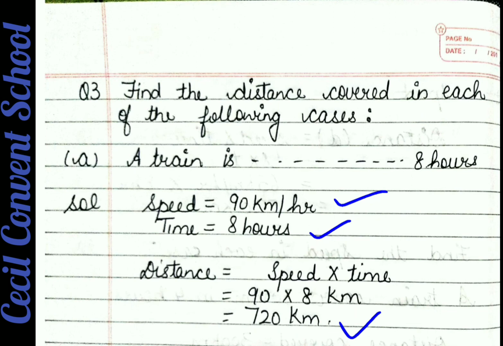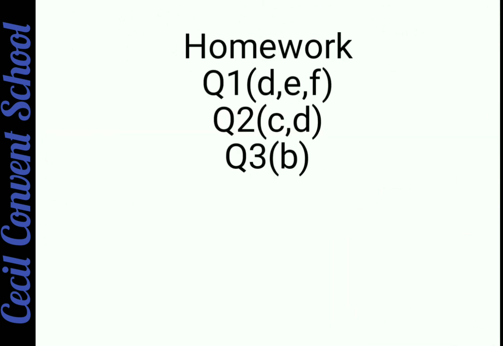Today, students, in this module you have learned what is speed, what is distance, the distance that we cover, that is called distance, and time. After that you understood what the units of all these things are, means the unit for speed will be kilometer per hour or meter per second, distance will be in kilometer or meter, and time can be hours, minutes or seconds.